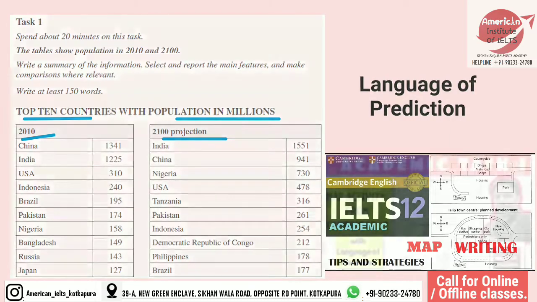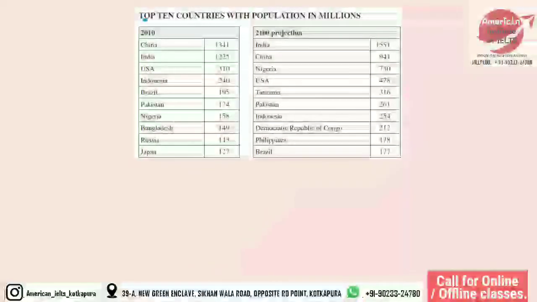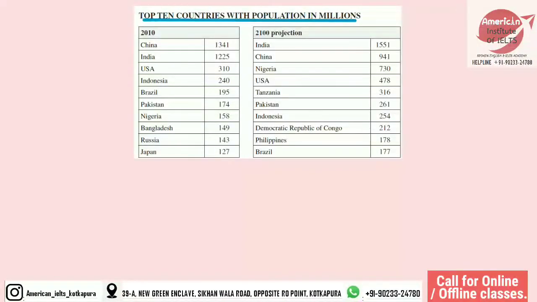So now moving further, this has a list of the top 10 nations with their population in millions: China, India, USA, Indonesia, Brazil, Pakistan, Nigeria, Bangladesh, Russia, Japan for the year 2010. And then for the year 2100, India would take first place, China would be second, but India's population will increase, while China's population would decrease.